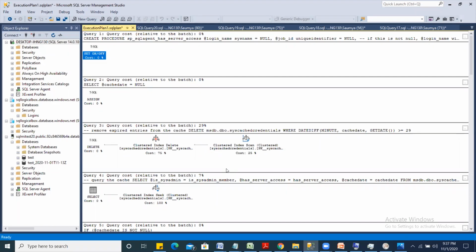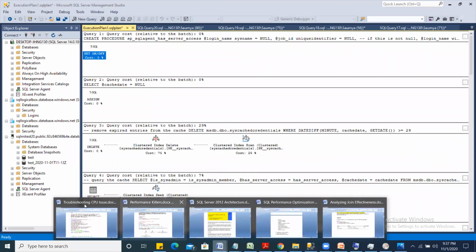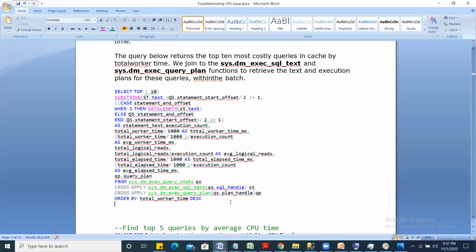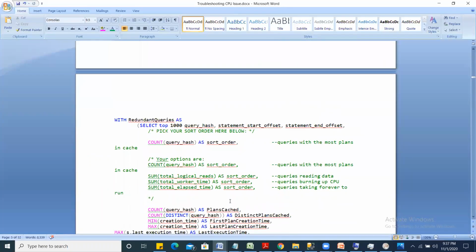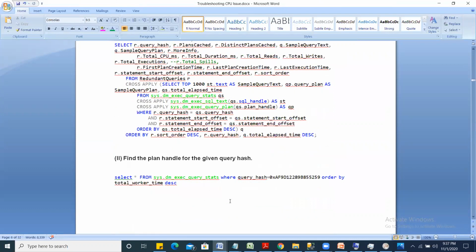If the fragmentation level is below 30%, try to reorganize that index, right? This is what you have to do. This is the way to troubleshoot your CPU, right? Once you got the query, you do that.